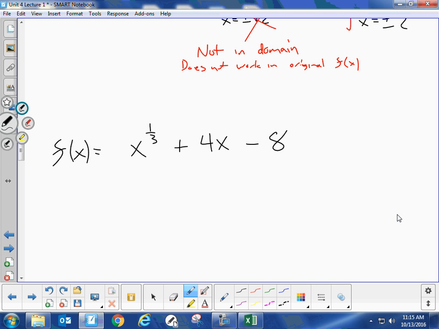Go ahead and tackle this guy. All we have to do is take the derivative, set it equal to 0, or see when it's undefined.